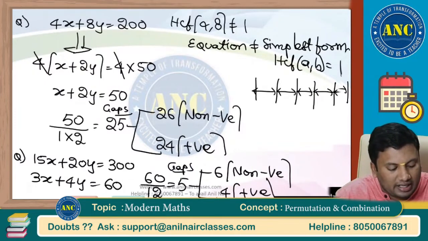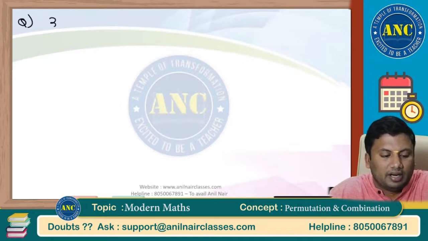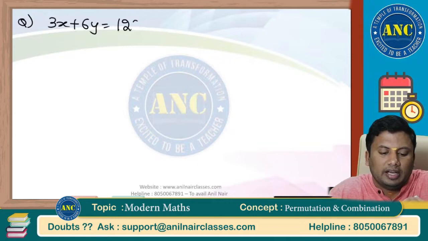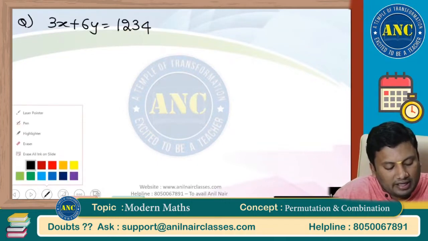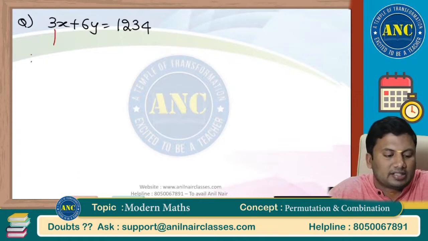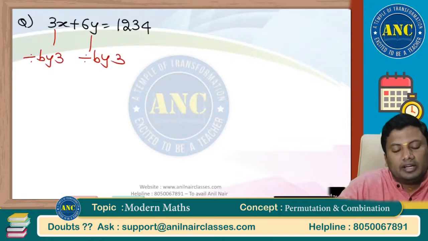I hope it is clear. Some more variety of questions. These concepts you will not find in any of the regular textbooks. 3x plus 6y equals 4321. Another variety. Now if you see here, 3x is divisible by 3, 6y is divisible by 3. What is the divisibility rule of 3?